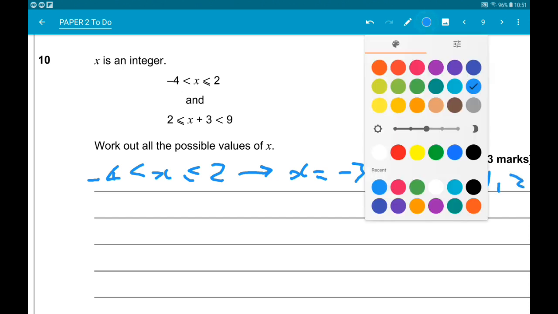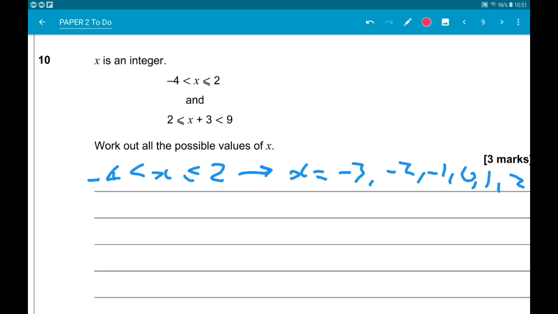Now, for the bottom one, we need to solve it. So, we need to subtract 3 from all 3 parts. So we get minus 1 is less than or equal to x, is less than 6.